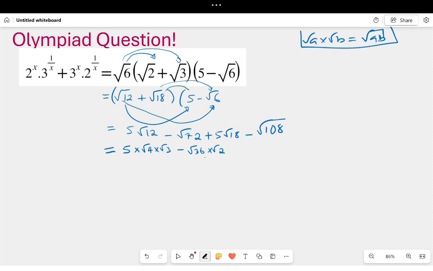This one is plus 5 times the square root of 9 times the square root of 2. And 108 can also be written as minus the square root of 36 times the square root of 3.